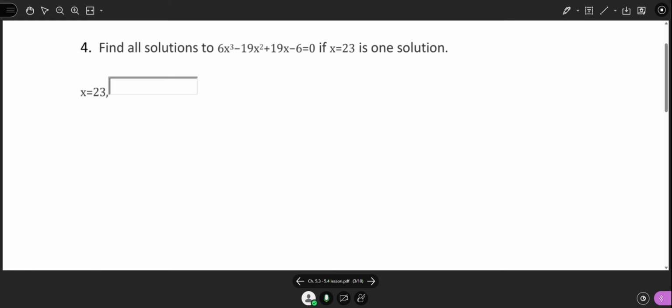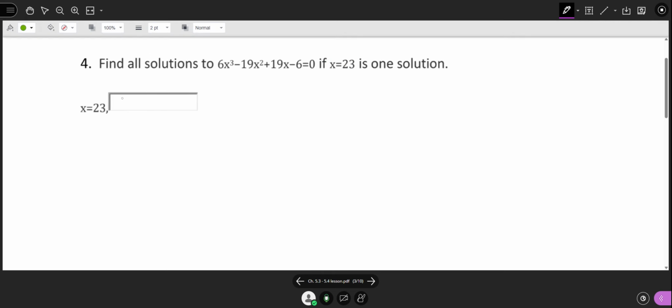So on number 4, it says find all solutions if 23 is. Well, 23 ain't. So does not exist.